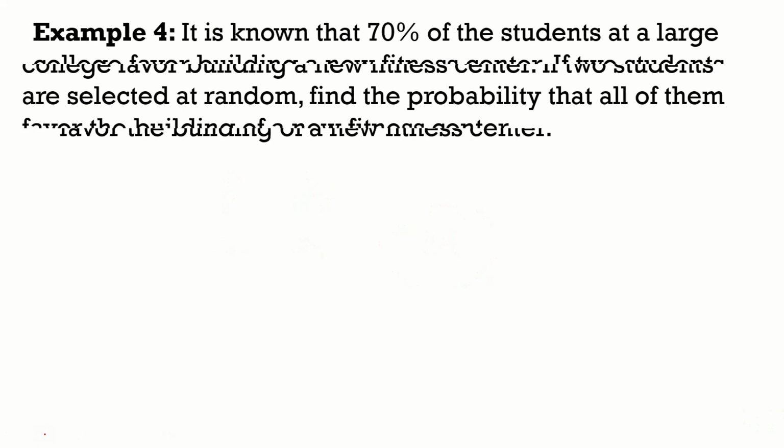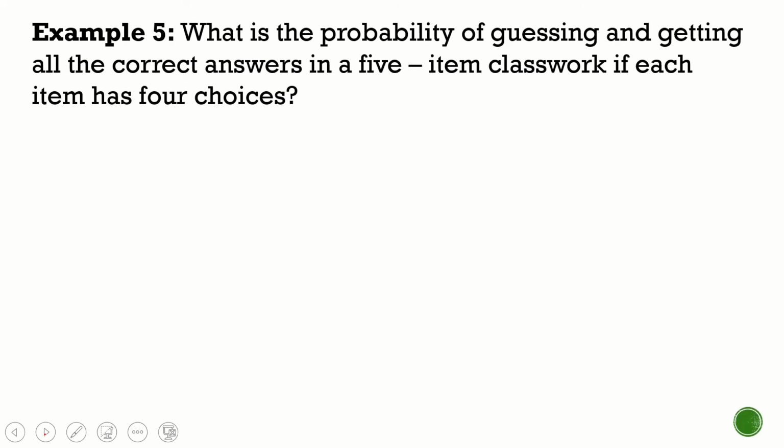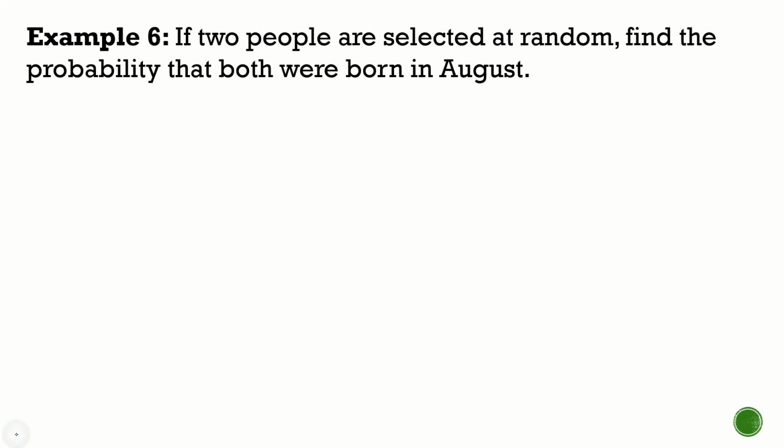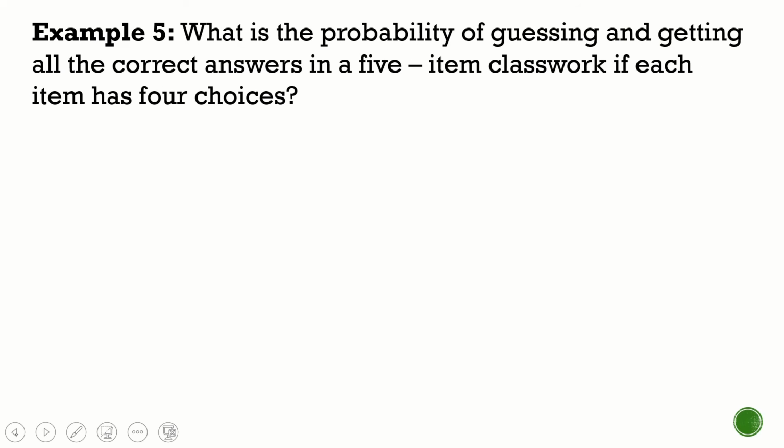Let's go to another example. What is the probability of guessing and getting all the correct answers in a 5-item classwork if each item has 4 choices? Let me just give you an illustration here. So item number 1, item number 2, item number 3, item number 4, item number 5.